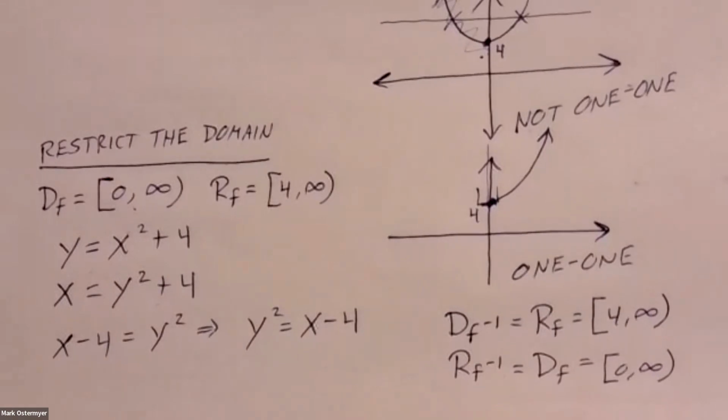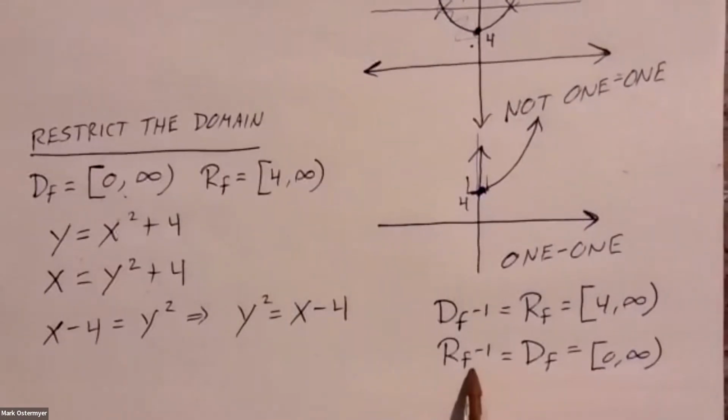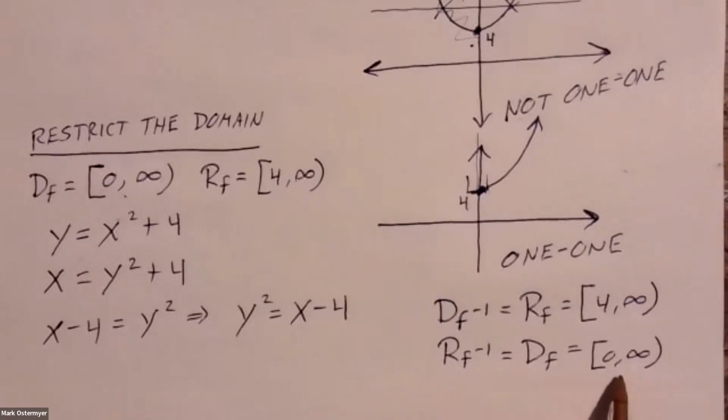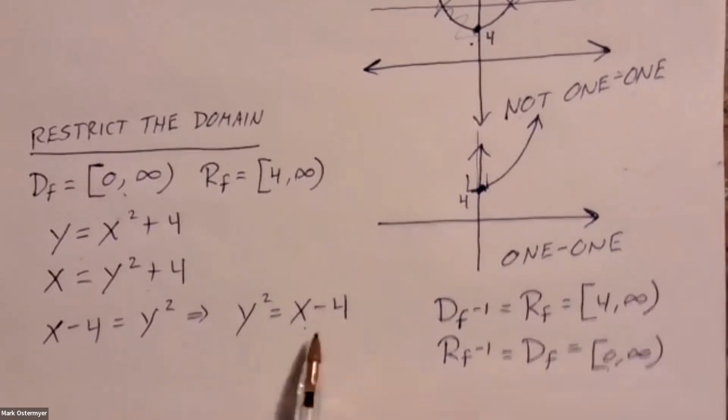Aha. And so now, ladies and gentlemen, since the range of my inverse function must consist of non-negative real numbers, cannot consist of any negative numbers, would I take the positive or negative square root of the right side? What do you think? Positive or negative square root of x minus 4 if the range of my inverse function is to consist of only non-negative real numbers?